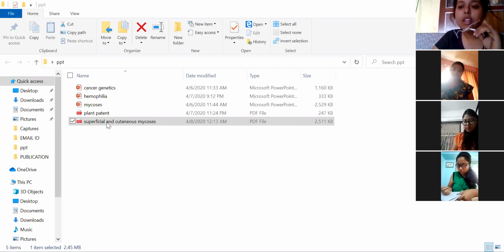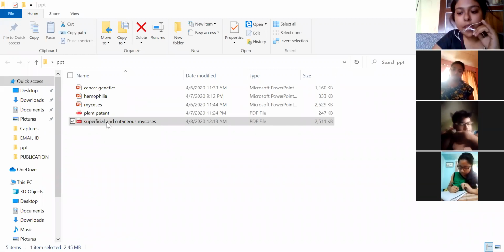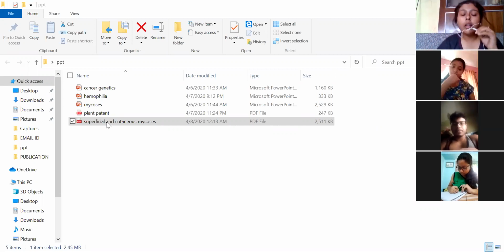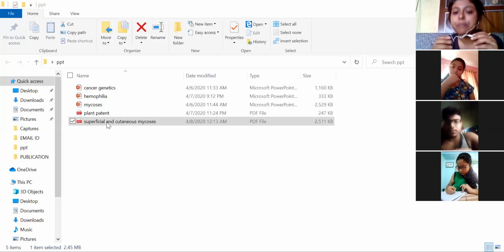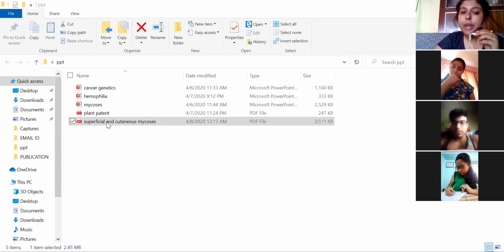It comprises 4 different types of infection.